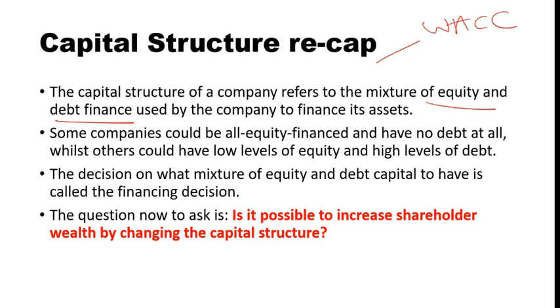Why should companies maintain a 50% debt and 50% equity ratio, or should they have more debt than equity, or should they have more equity than debt? This is the purpose of this video.